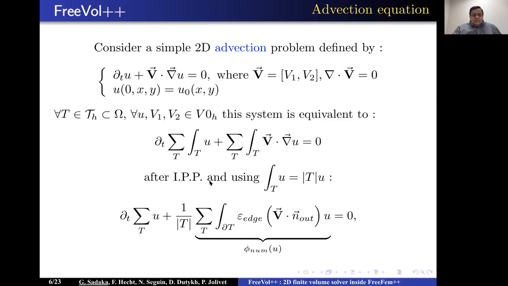We integrate by parts, and we use the fact that the integral over a triangle of U is equal to the area of T times U. With this, this term will be the numerical flux in our case, where we must put the edge orientation epsilon edge, and V scalar with the normal vector on the current edge.